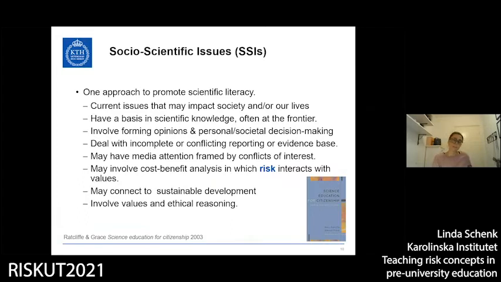They may also involve cost-benefit analysis and risk interacting with values. So this idea of SSI being connected to risk is not something I'm the first to point out either. They may connect to sustainable development, and they do involve values and ethical reasoning.